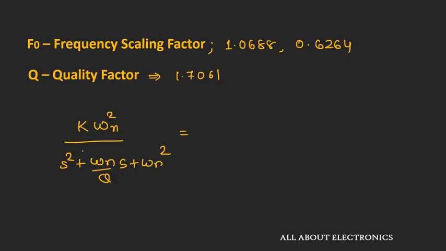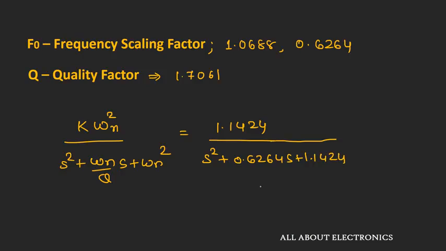And if we put all these values inside this equation, then we will get the expression that is 1.1424 divided by s square plus 0.6264s plus 1.1424, which is the same expression that we have got by using the mathematical equations.